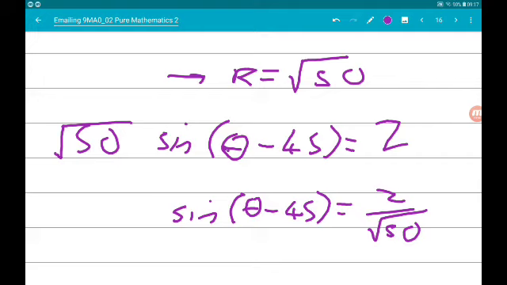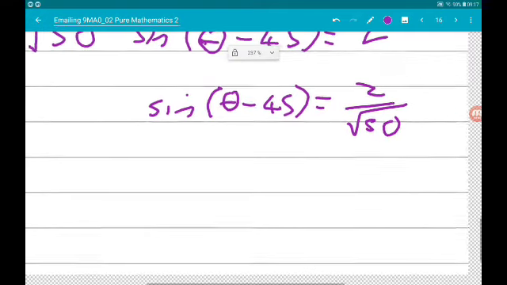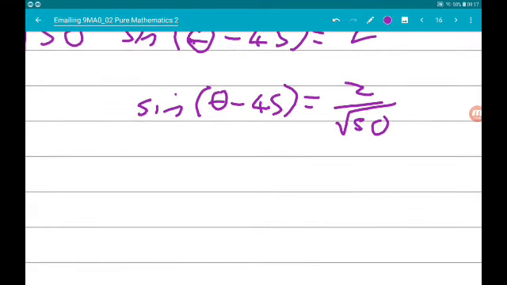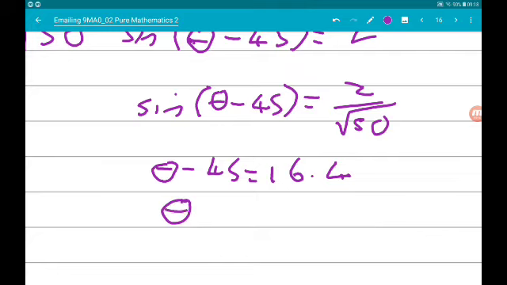Now, if we inverse sine that, we get theta minus 45 is equal to 16.4. So if we add 45, we get our first solution, which is going to be 61.4 degrees.